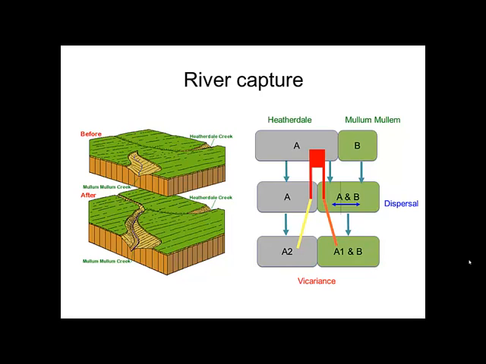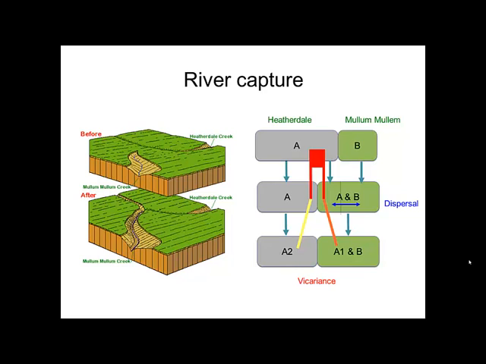So we end up with this kind of situation. We start off with one species A in Heatherdale, one species B in Mullum. The species in Mullum, all it can do is disperse into the area of Heatherdale that is now joined with Mullum. Whereas those that joined Mullum are now isolated from the ones in Heatherdale, and start to differentiate.